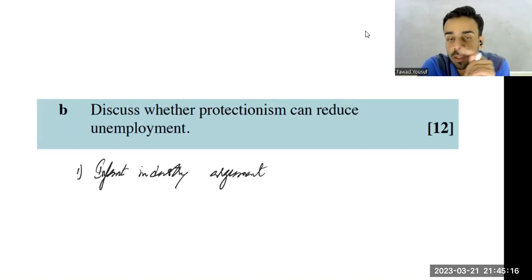However, यहीं पे अगर मैं evaluation भी डाल दूं, ठीक है, कि whether infant industry arguments may not reduce unemployment. Sometimes, and foolish governments do that. Sometimes they feel that they might be able to find comparative advantage in something, and they might start an entire industry around it.